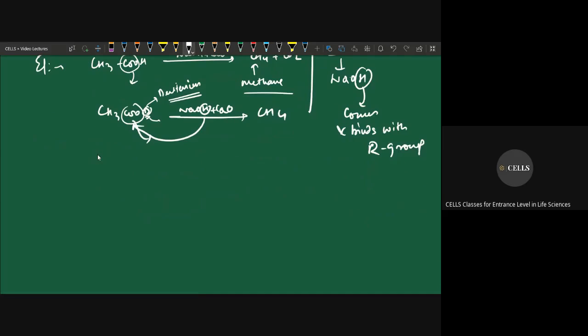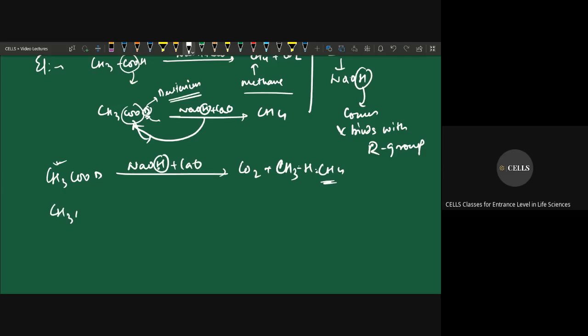Don't make my mistake. So CH3COOD, if it is present, treated with soda lime, this hydrogen will come and bind with the R group. CO2 will be released, and CH3 and this H, that is CH4.